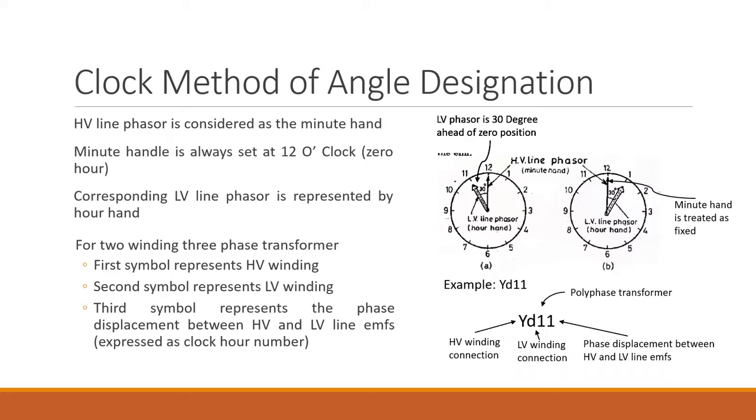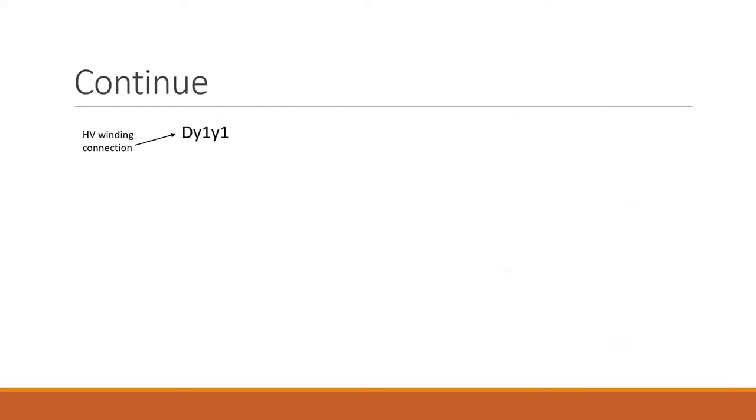Now what about a three-winding three-phase transformer? In that case, the symbol looks different from YD11. Suppose you have the symbol DY1Y1.